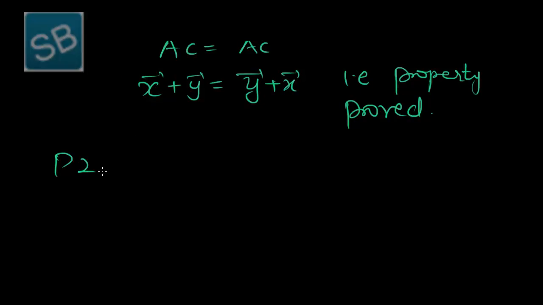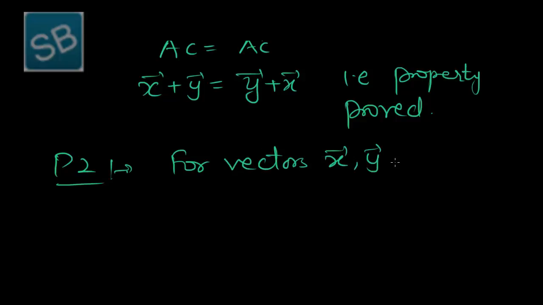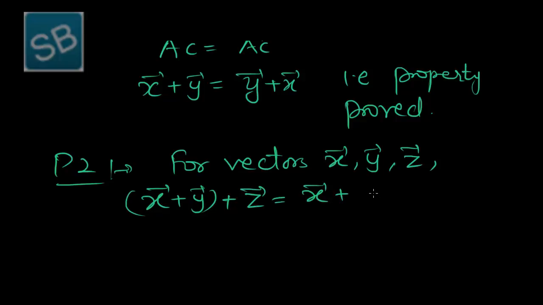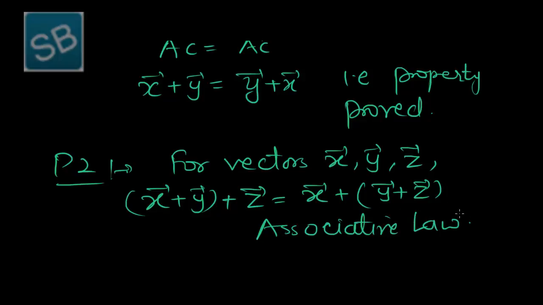So now the property 2 is for vectors x, y and z, vector x plus y plus vector z is equal to vector x plus vector y plus z, that is associative law.